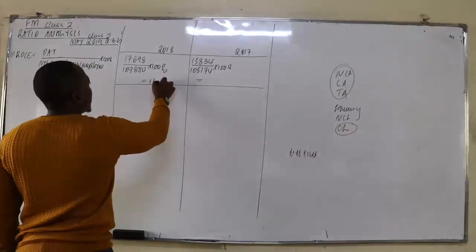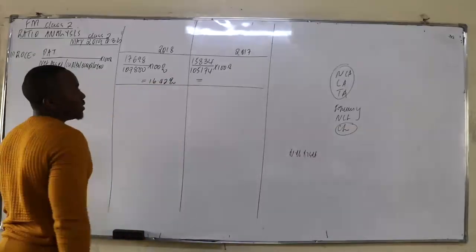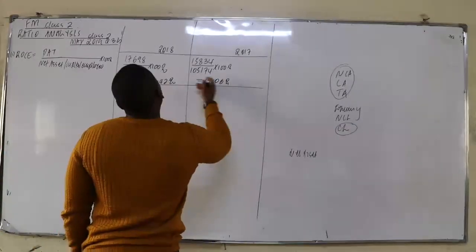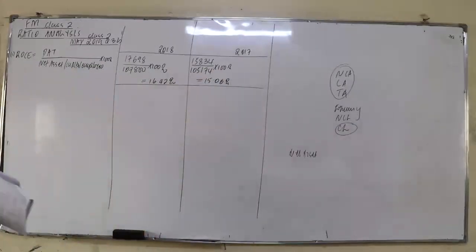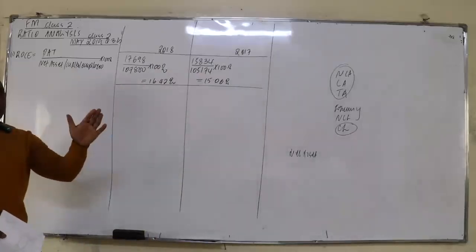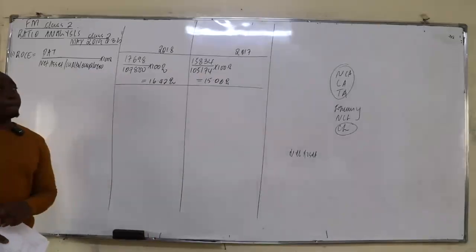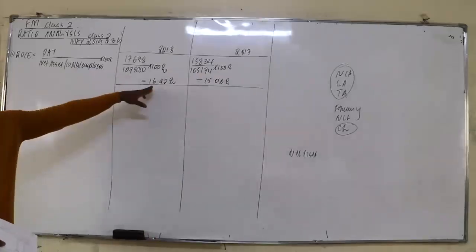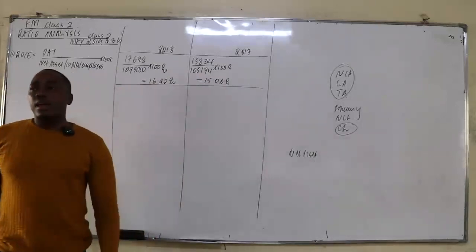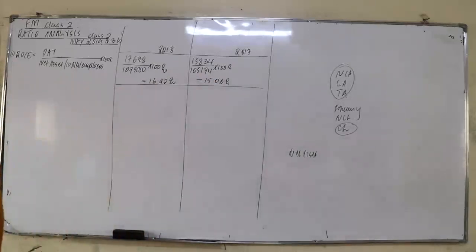So 16.42% and 15.06%. Under financial statement analysis, the key tool is ratio analysis, which is used for decision making. If you look at this case, 16.42% and 15.06%, what can we comment about the return on capital employed for the 2 years?